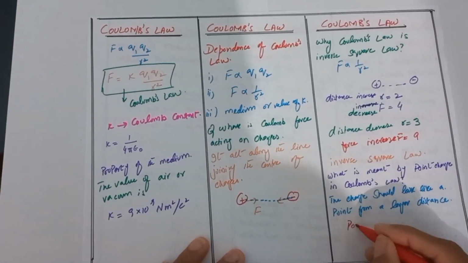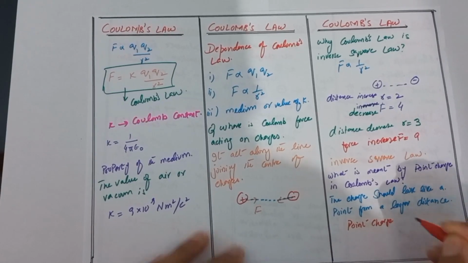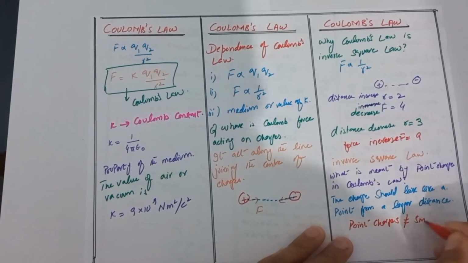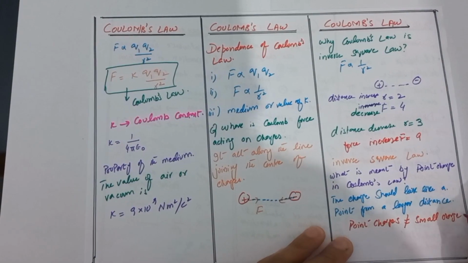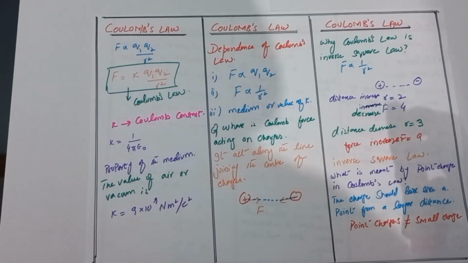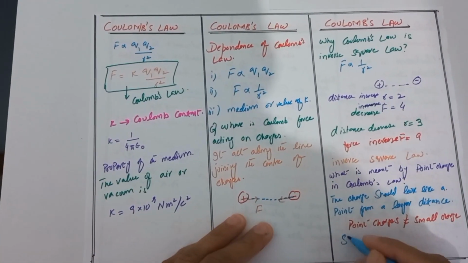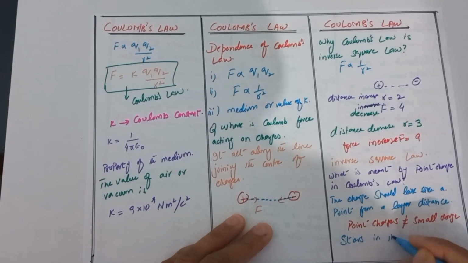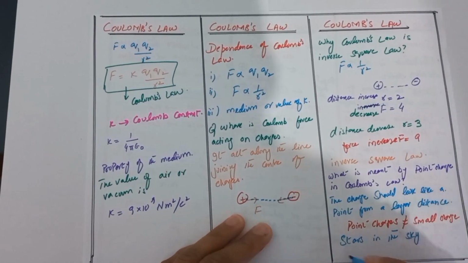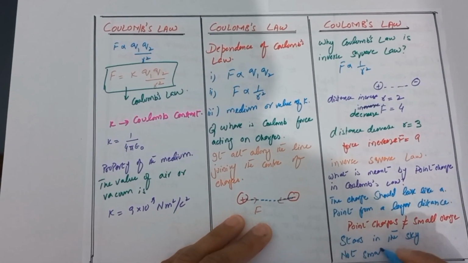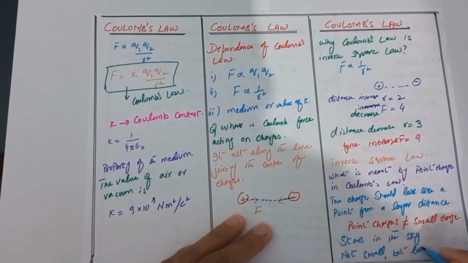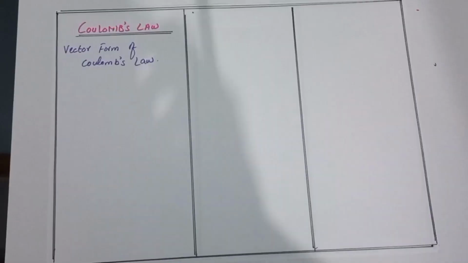So point charges do not necessarily mean small charges, just charges that look small. For example, the stars in the sky are not small but look small.